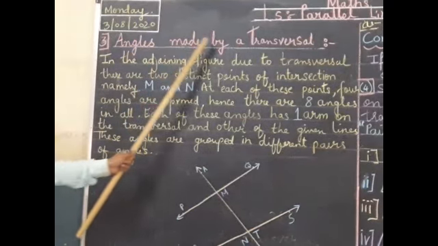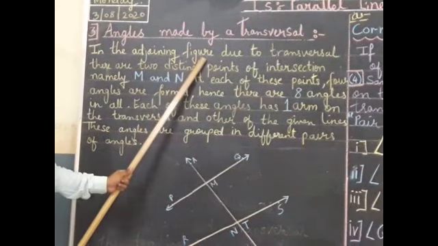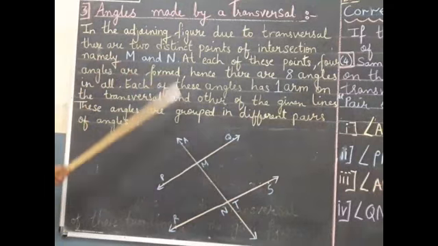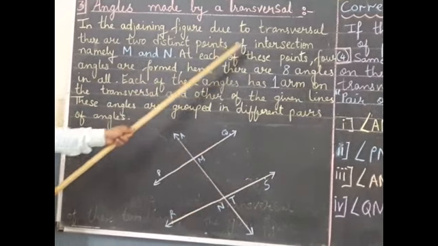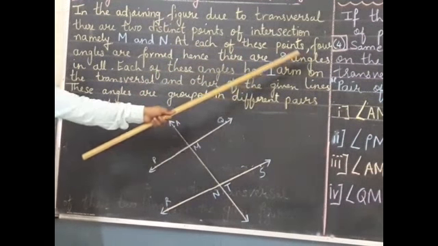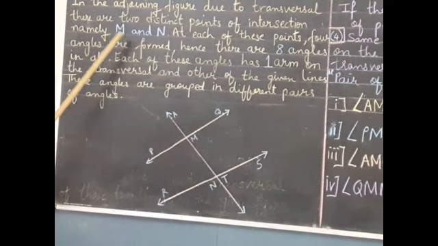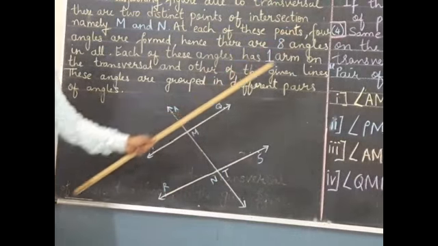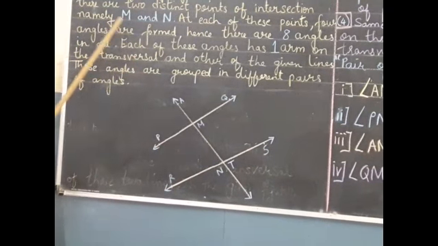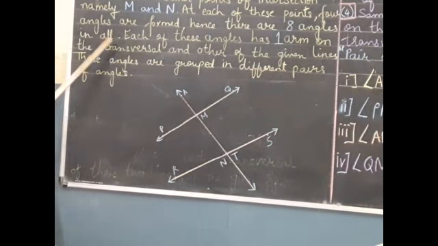Now, angles made by a transversal: in the adjoining figure, due to transversal A, there are two distinct points of intersection, namely M and N. At each of these points, four angles are formed, that is A, M, Q, P. Hence there are a total of 8 angles in all.